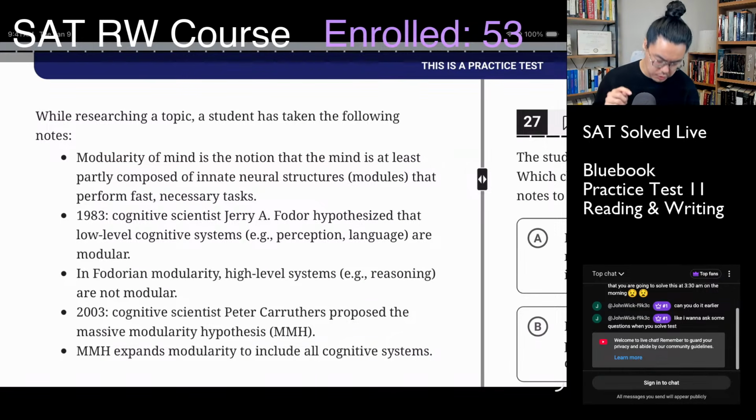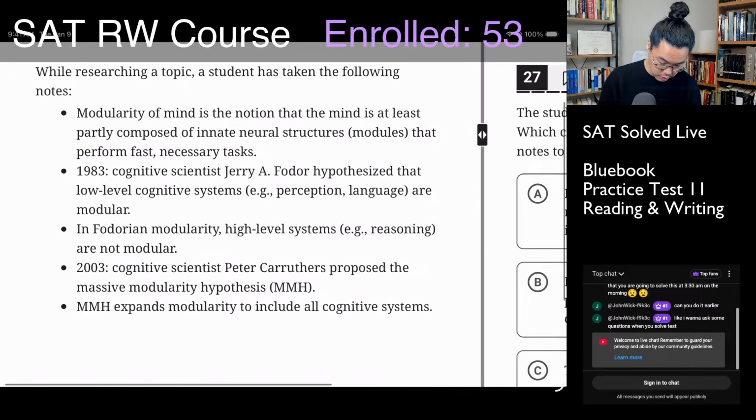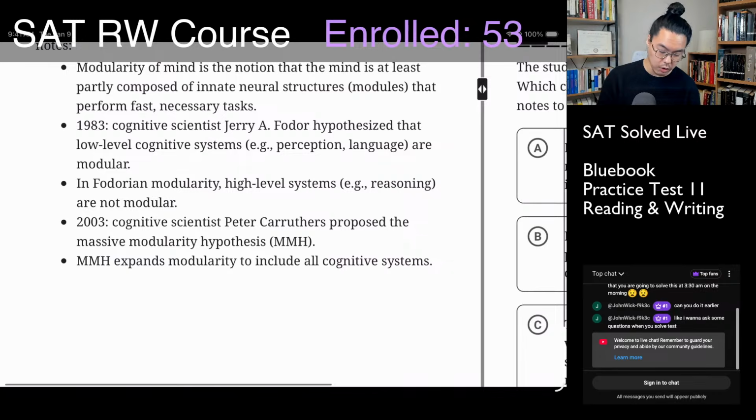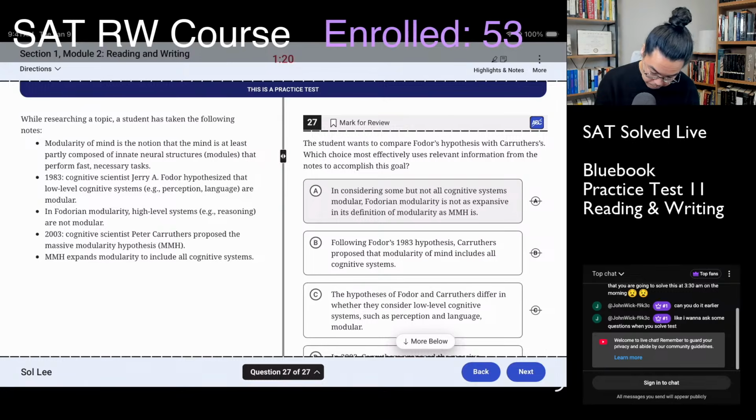Modularity of mind is the notion that mind is at least partly composed of innate neural structures, fast necessary tasks. Okay. Hypothesized low level are modular. High level are not modular. 20 years later, Carruthers said low and high are both modular. Fodor, I have seen this question before, so I'm being advantaged here.